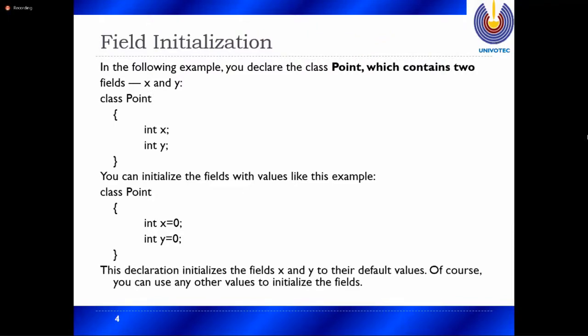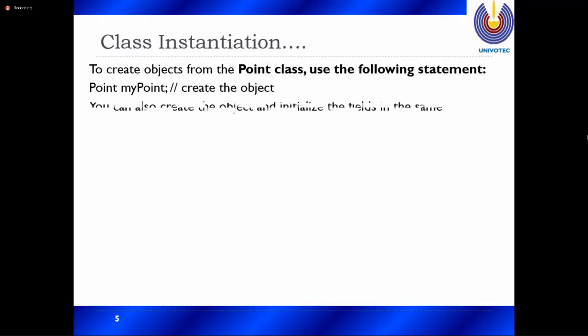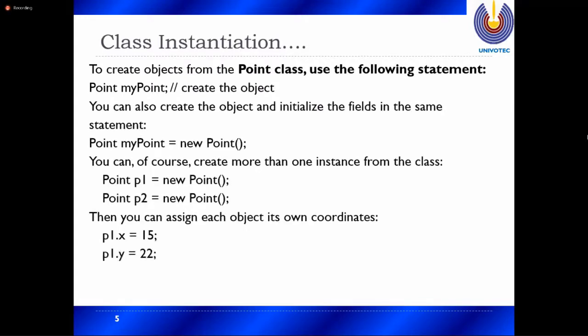Now you can create a point and give the coordinates, for example p1.y equal 22. The point is placed at the coordinates 15 and 22. That's P1, the point. Point is the class.